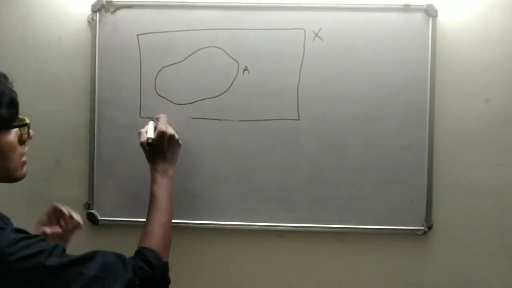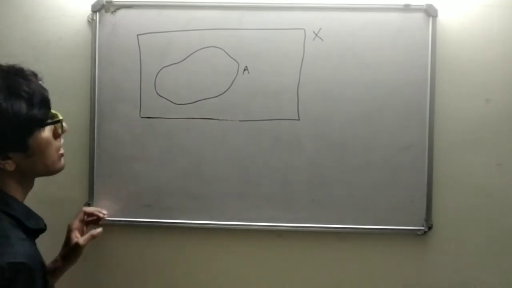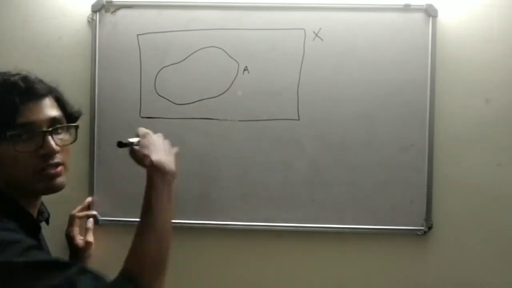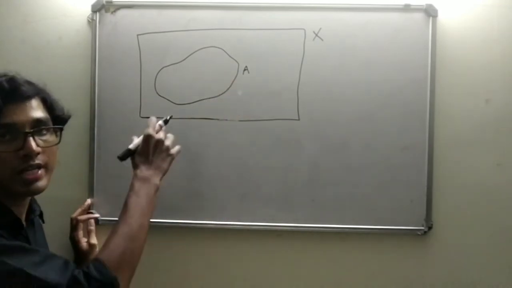Now this subset A contained in X is said to be open if for every x naught in A, there exists some open ball centered at x naught.